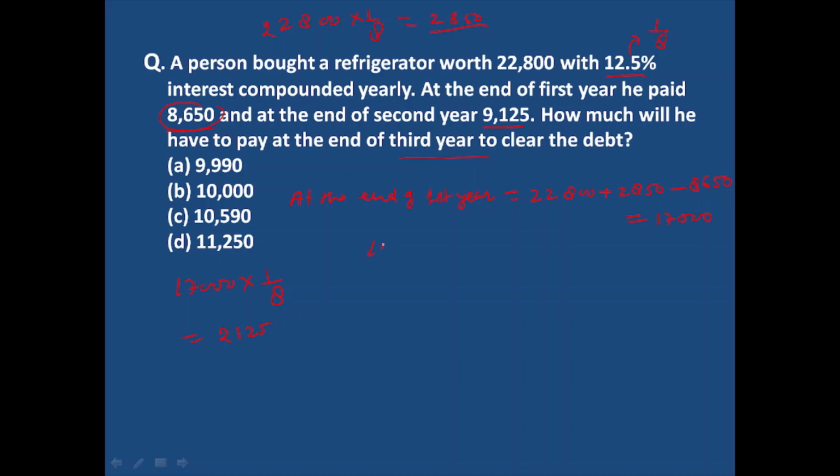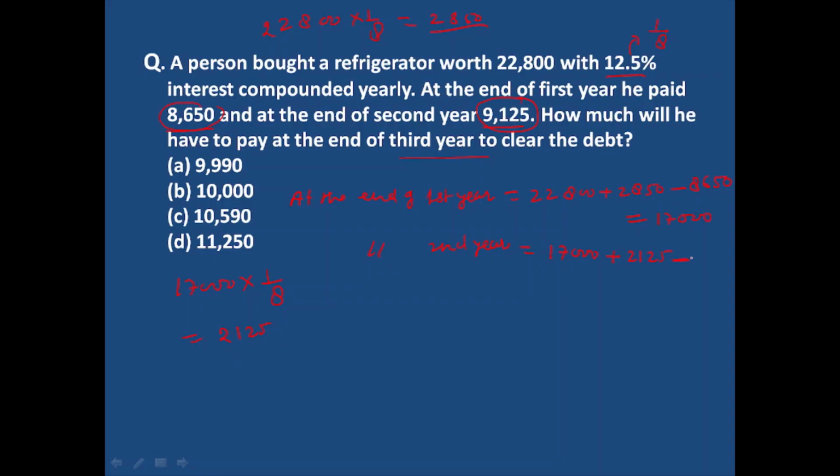So the amount payable at the end of second year will be 17,000 plus 2,125 rupees. But what amount have we already paid? 9,125.